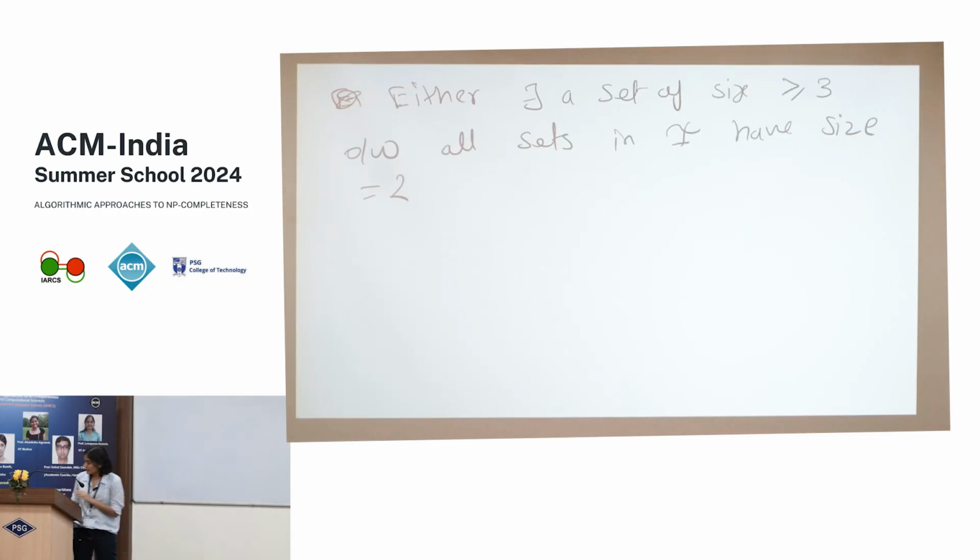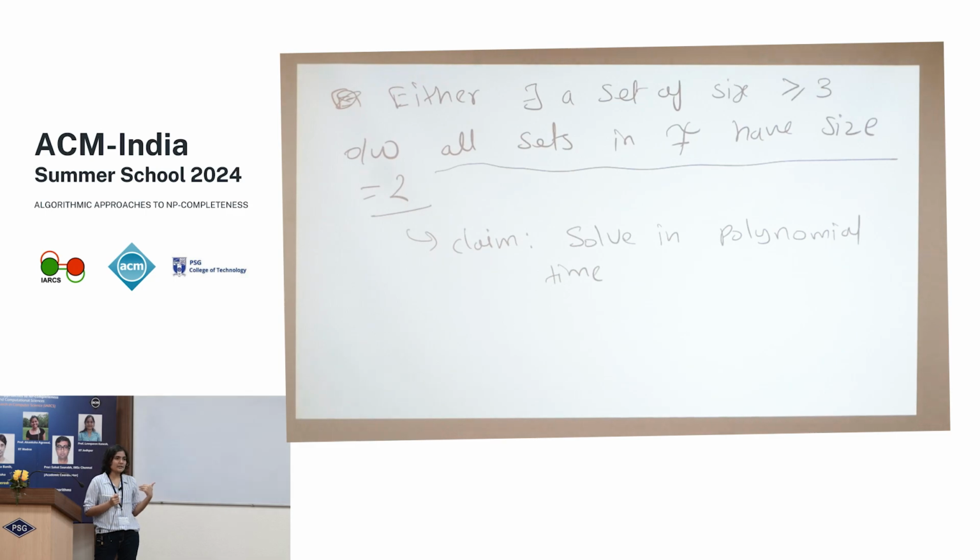So in this case, my claim is solve in polynomial time. Okay, so why is it solvable in polynomial time? You can think of it as another problem which is called edge cover, basically covering vertices using edges, okay, and which is polynomial time. Unlike the vertex cover where we cover edges using vertices, when we look at edge cover where we are covering vertices using edges, it is polynomial time.